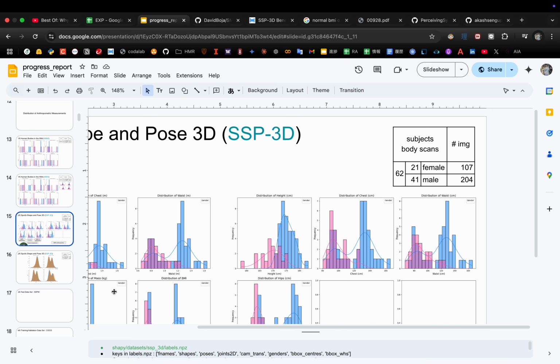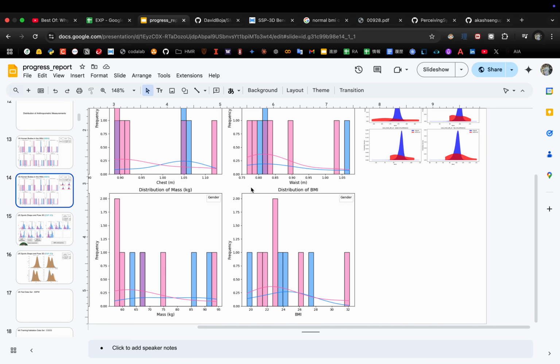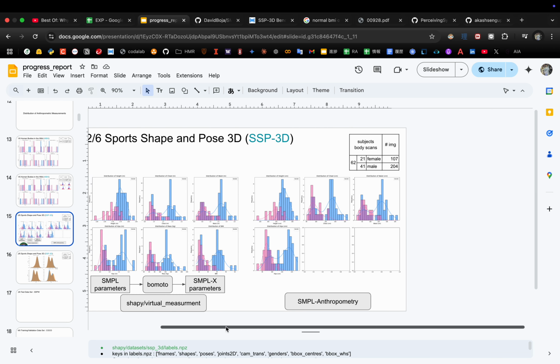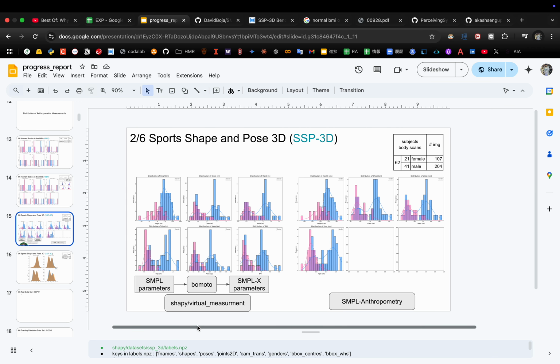Finally, just a reminder that in SSP-3D, as the name suggests, most of the people in this data set wear very tight clothing, so using something like silhouette as your proxy representation gives better performance.